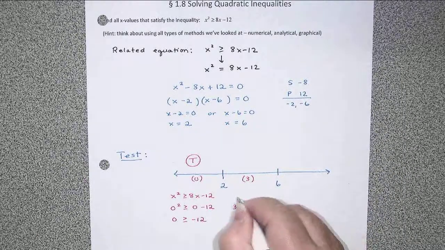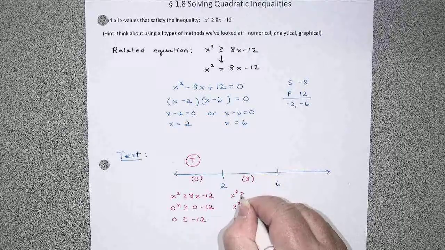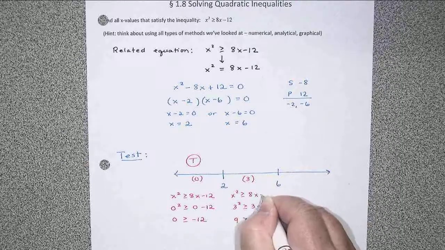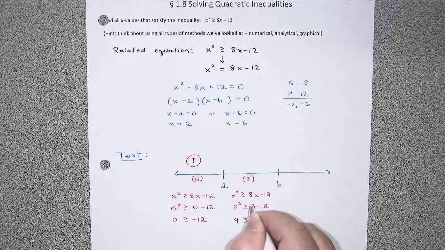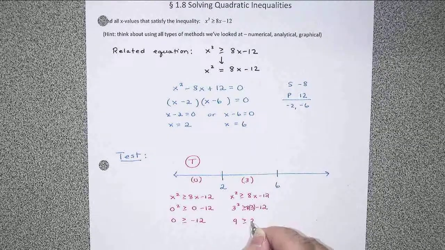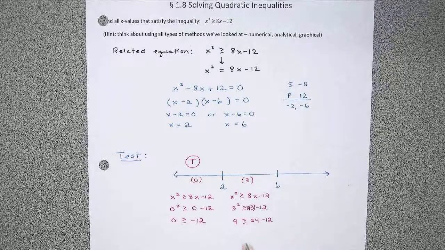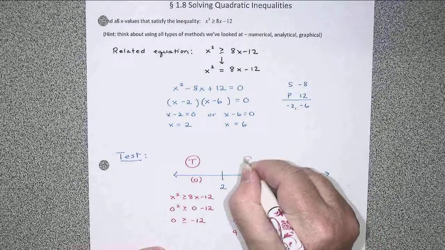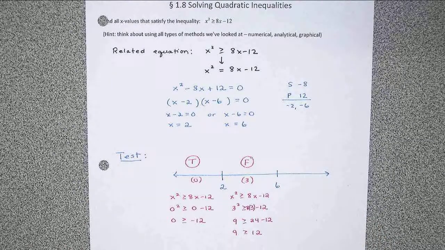Let me try that one more time. I forgot the 8. I have an 8 times 3. There we go. Is 9 greater than or equal to 24 minus 12? Well, that's not true. 9 is not greater than or equal to 12. So that's false.